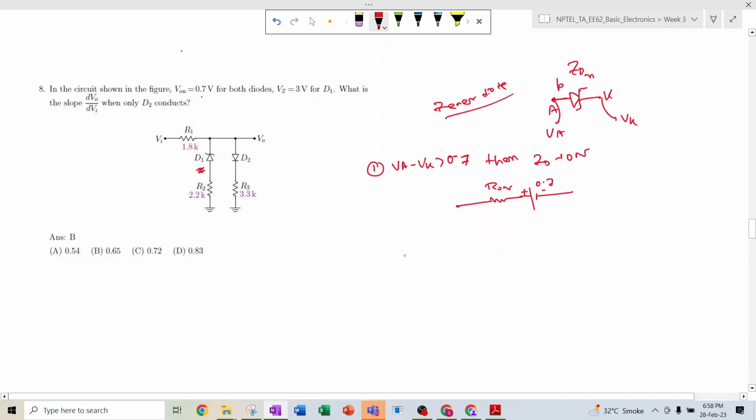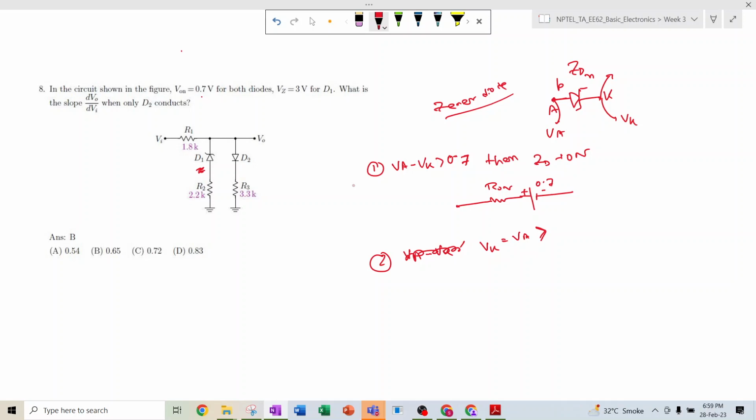In the second case, in the other way we can write it: if we apply voltage such that the cathode voltage Vk minus the anode voltage Va is greater than the breakdown voltage.